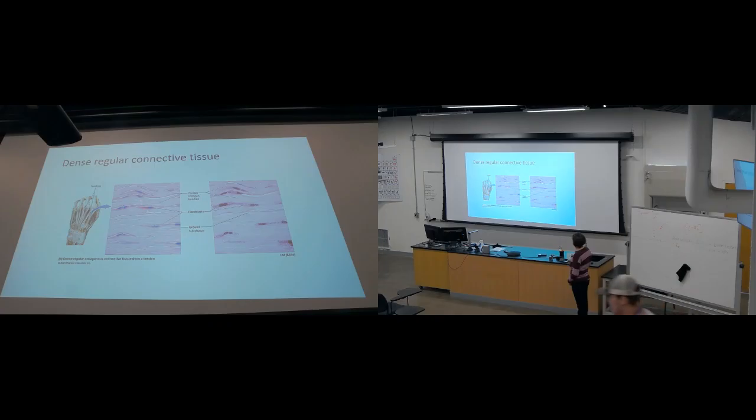These are the fibroblasts. And these collagen fibers are regularly oriented, so they follow the same direction. So this is dense regular connective tissue. It is dense because the collagen fibers are thick, and it's regular because they follow the same direction.